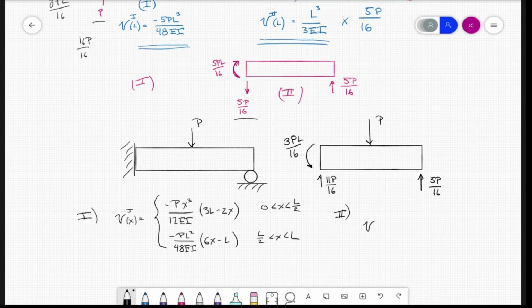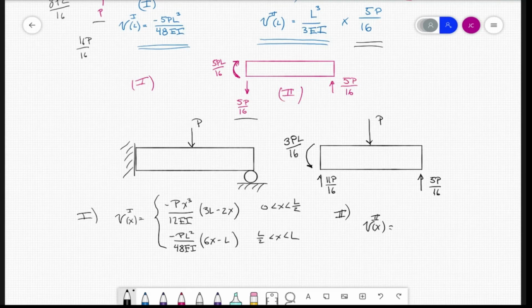The deflection, the elastic curve for the second case, it writes it in the book as Px on 6EI, right? But remember, P is going to be scaled by 5P over 16, because it's not the unit force, it's the 5P over 16.